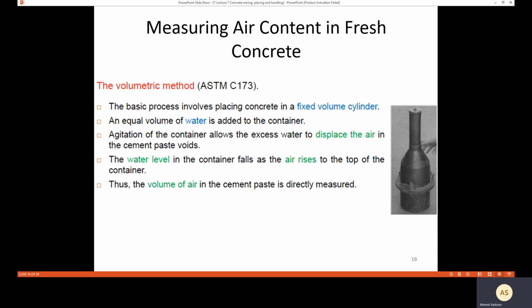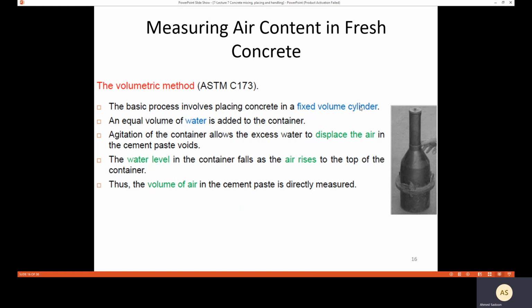Also we are going to agitate the cylinder. Agitation of the container allows excess water to displace the air in the cement paste voids. After this process, the water level in the container falls as air rises to the top of the container.